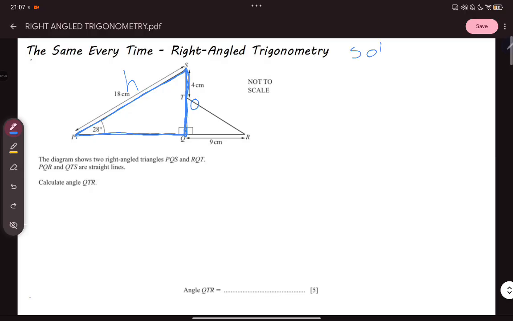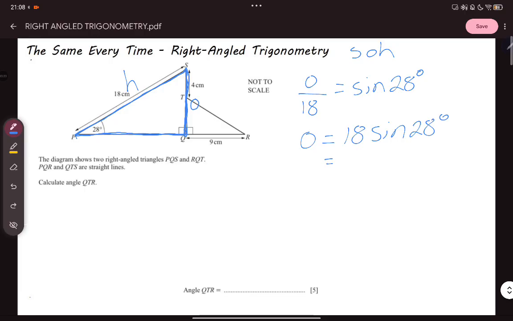So that means that we're dealing with sine. So O divide by H. O divide by H, which was 18, is sine of the angle, sine 28 degrees. So dividing by 18 on that side, multiply up by 18 on that side, 18 times sine 28 degrees.